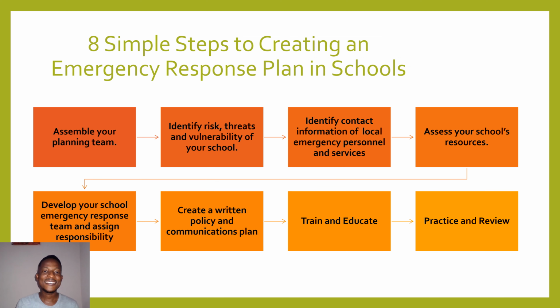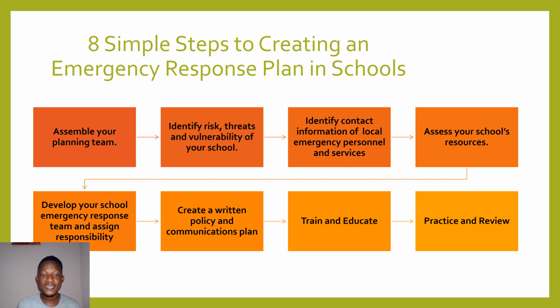There are 8 steps you need to take to create an emergency response plan in your school. One, assemble your planning team. Two, identify risks, threats, and vulnerability of your school. Three, identify contact information of local emergency personnel and services. Four, assess your school's resources. Five, develop your school emergency response team and assign responsibility.